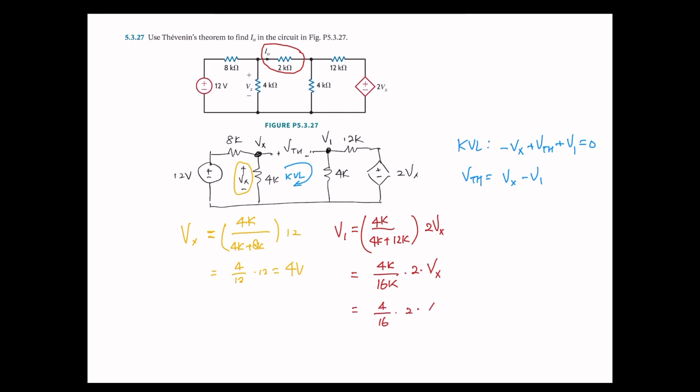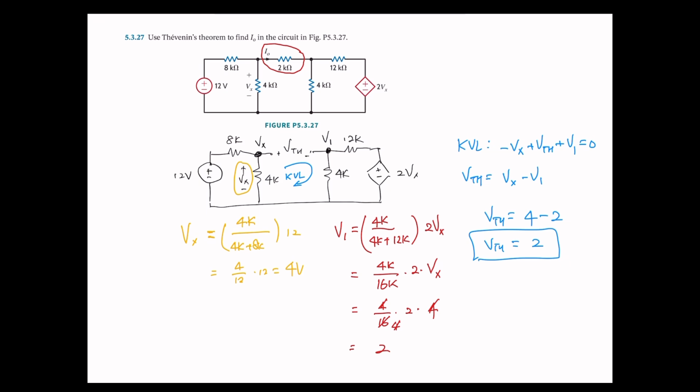Vx we just calculated, which is 4. So now V1 equals 2. Then VTH equals Vx, 4, minus 2, which is 2. So we found VTH.